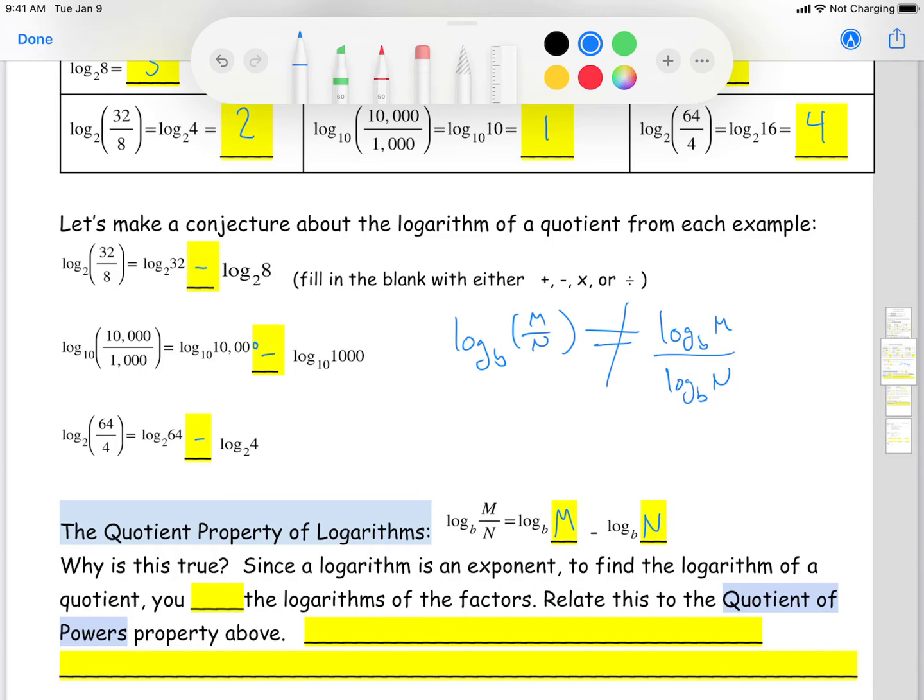So if I do log base b of m divided by log base b of n, this does not equal log base b of m minus log base b of n, okay? Keep that in mind.